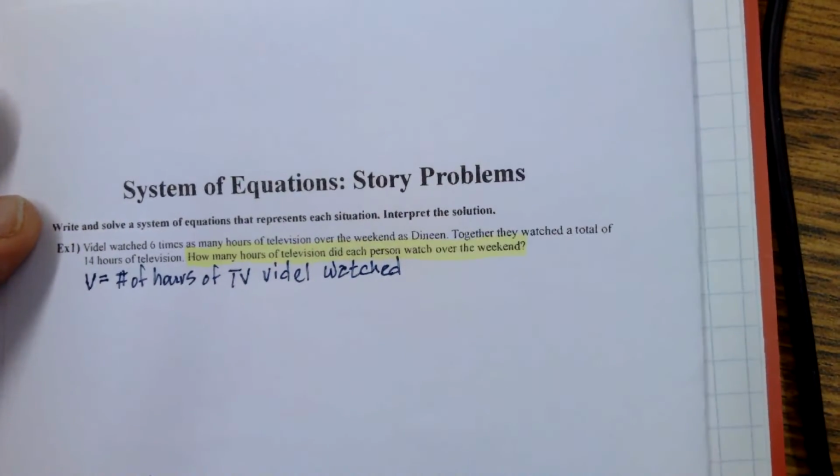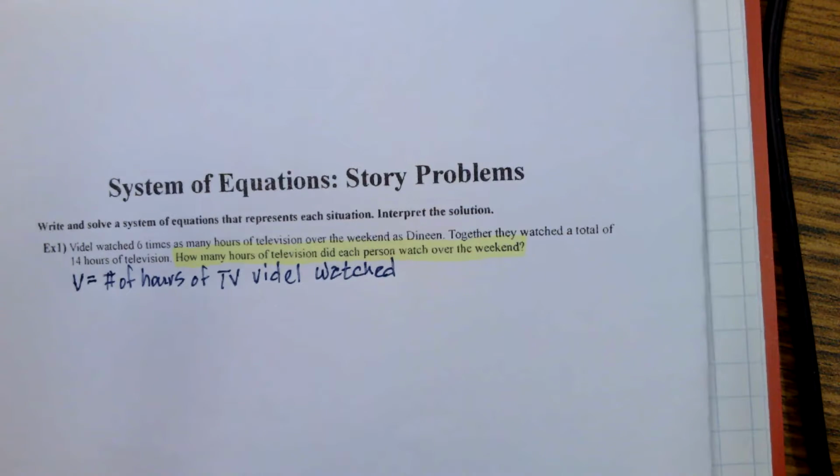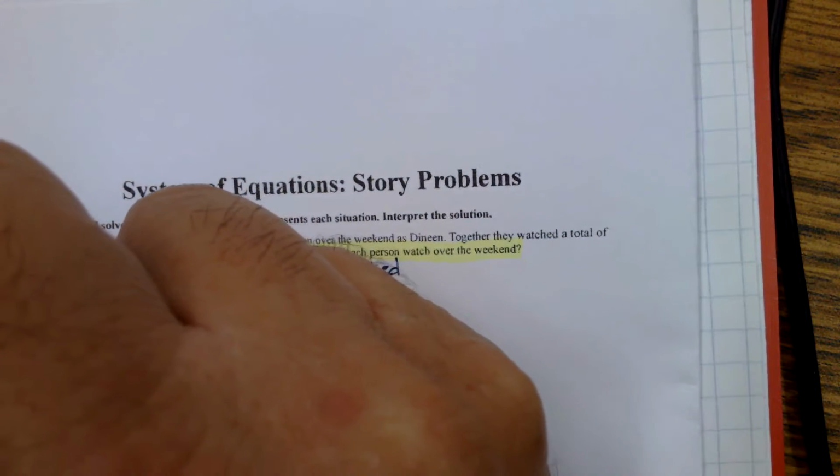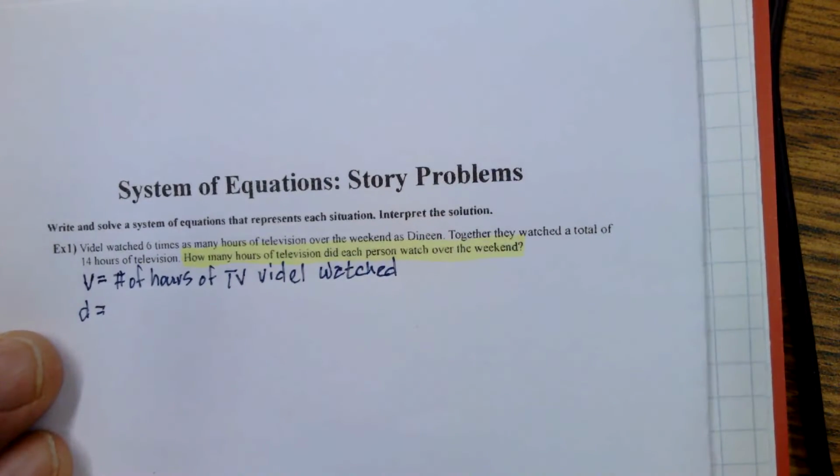So go ahead and write that down. So that's one of the things we have to answer. And the other one, we'll use the variable D for Deneen. Specifically, number of hours of TV that Deneen watched.